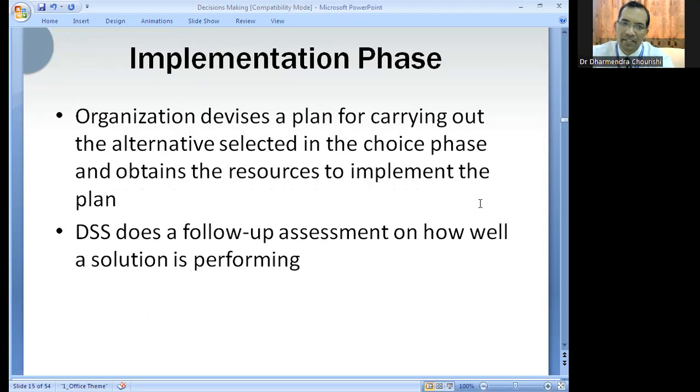And finally, in the implementation phase, the organization devises a plan for carrying out the alternative selected in the choice phase and obtains the resources to implement the plan. DSS does a follow-up assessment on how well a solution has performed.